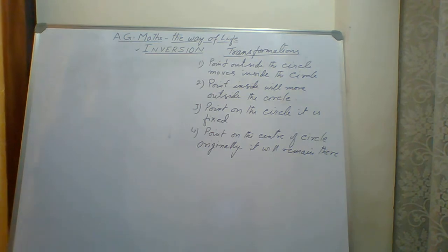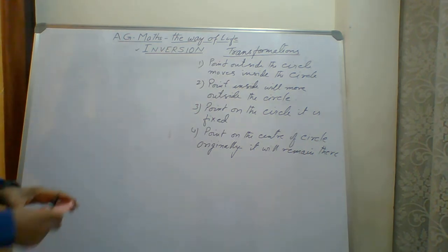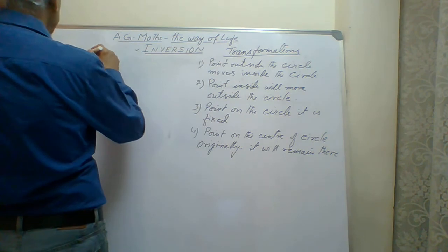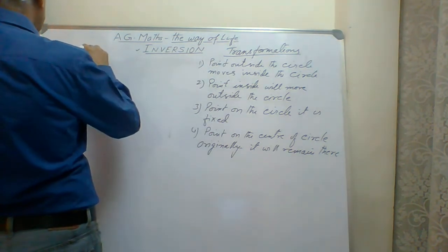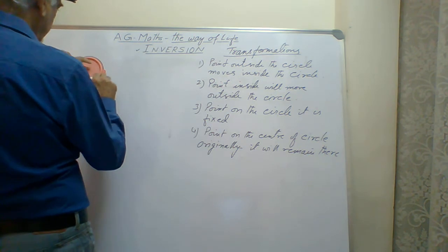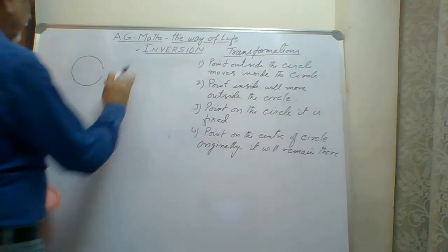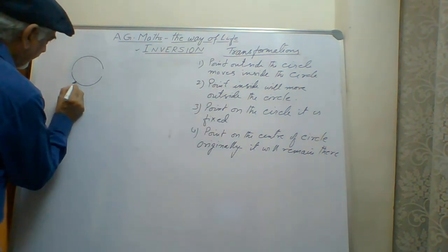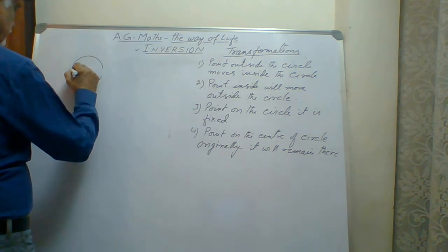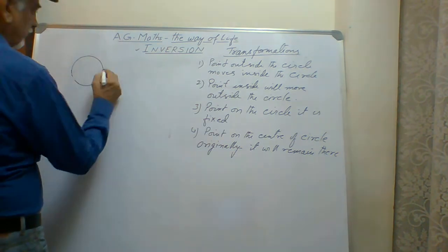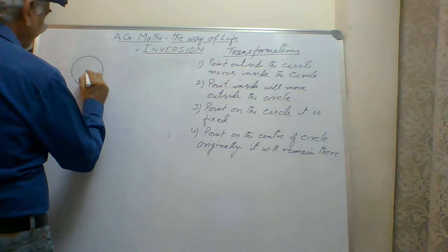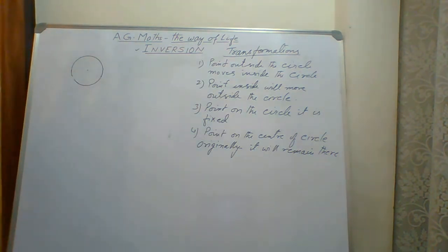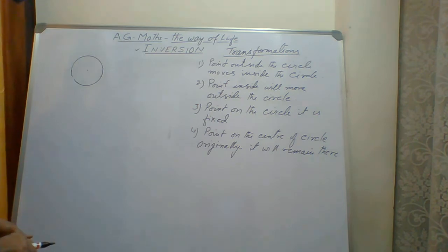Now I draw another circle and let us examine some other points. We will take a line and see how the points from inside the circle will come out. Suppose this is the circle with this as the center, and we already have a line.